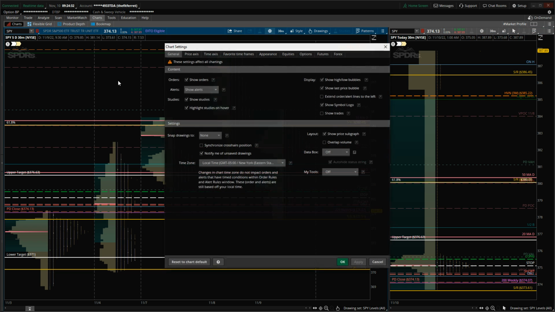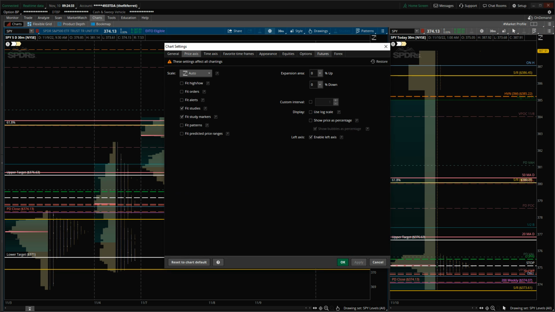Well, I thought I had the price axes set correct for these. What? Why is this a percent? Okay. Well, I'm going to have to futz with that a little bit more later.